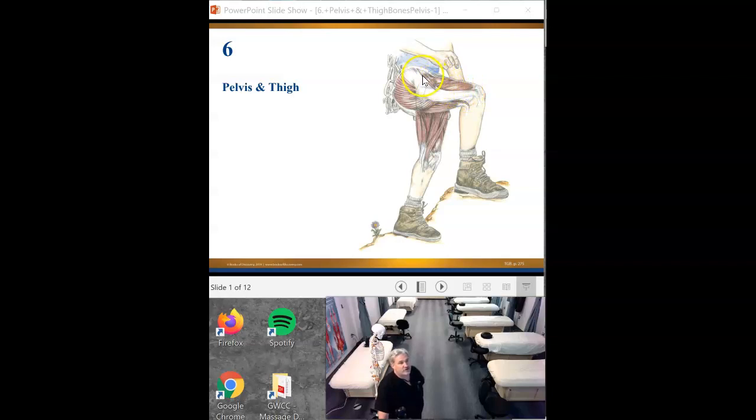But what I want to point out to you about this incredible IT band is something that's really interesting. This is your gluteus maximus here. Well, it's not yours, it's this person's gluteus maximus, but it actually feeds into the iliotibial band or tract. And this little muscle up here is called your tensor fascia lata, and it too feeds into your iliotibial band.